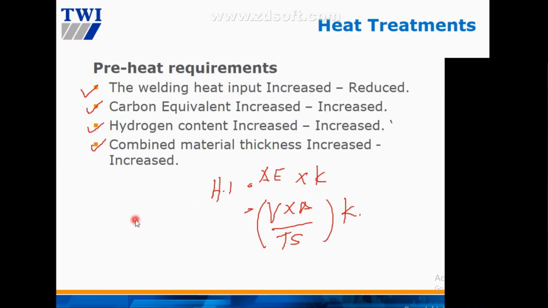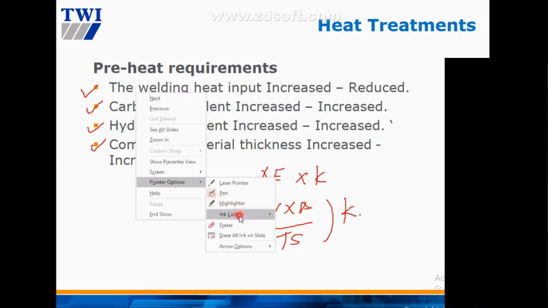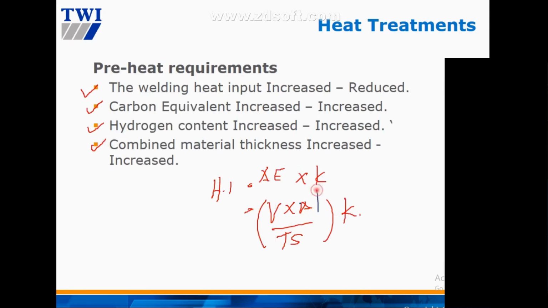Heat input can be increased by having amps increase, voltage increase, or maybe we reduce the travel speed. So we get high heat input. When the heat input is increased, then preheat can be reduced, or vice versa. If you reduce heat input, preheat before welding must be higher. So that is the factor for preheat.